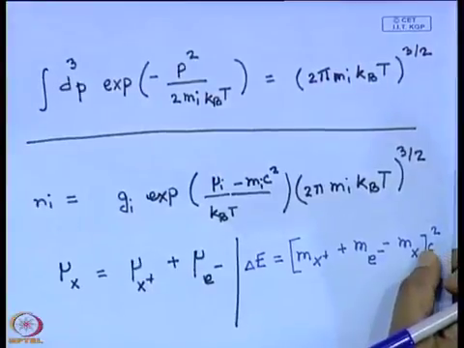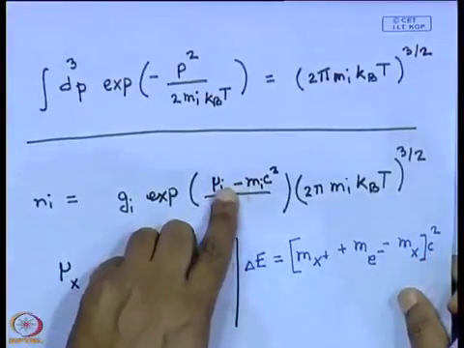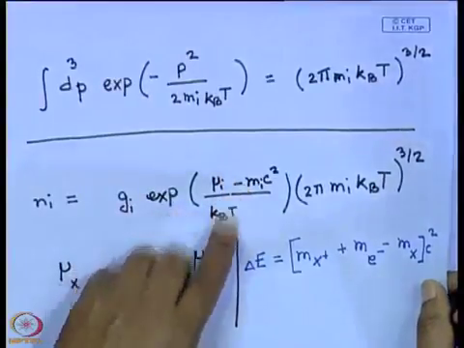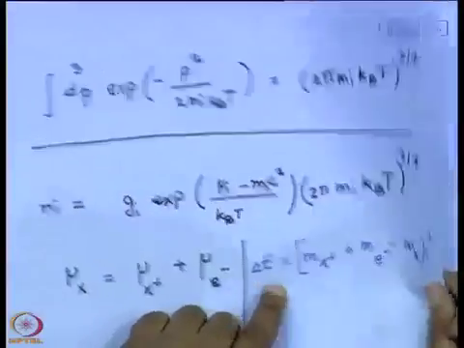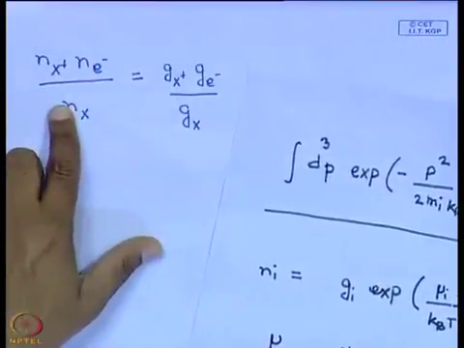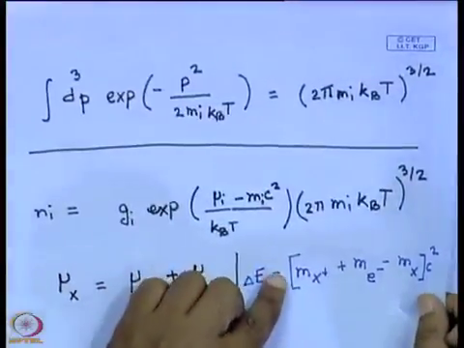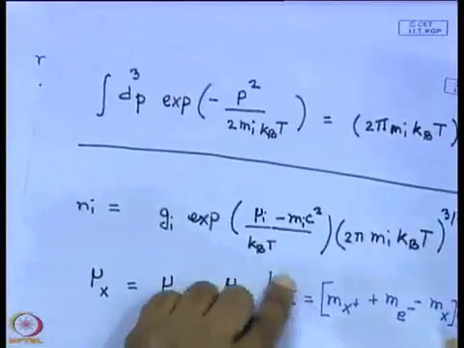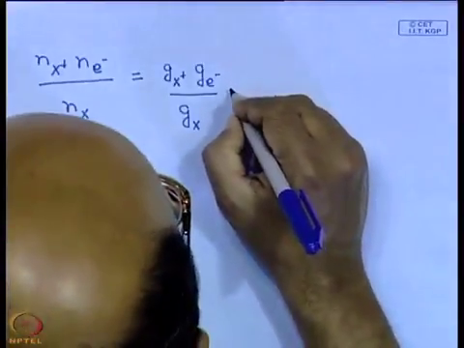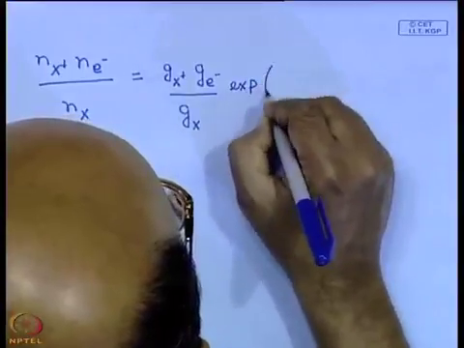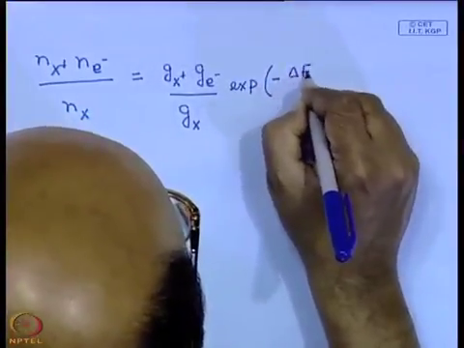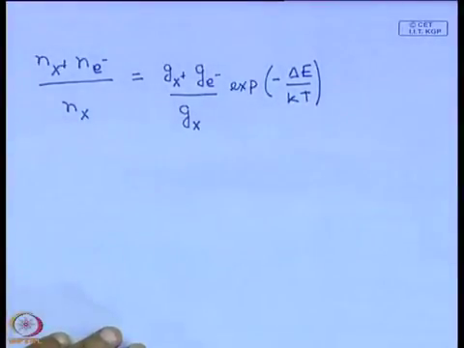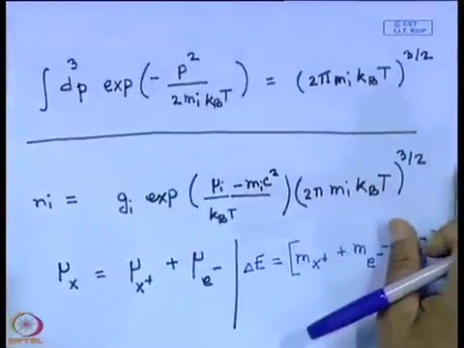Okay. Now, we have another term which is the rest mass term. So, we will have minus exactly this. When I consider this ratio, I will have another term which is exponential of this, that is the ionization potential energy.